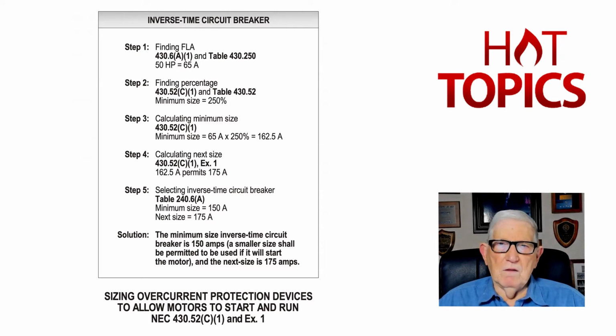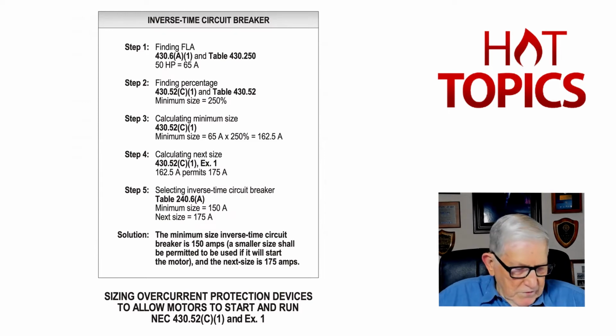Number 2 now, we're going to select from table 430.52, 250%, which we've done, and step 3 is the application of the 250% times 65 amp. We come up with 162.5. Now this is in step 3. Now this is where we have to decide what we want to do with this 162.5.